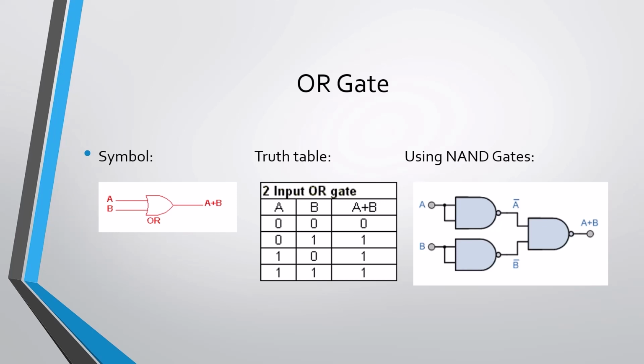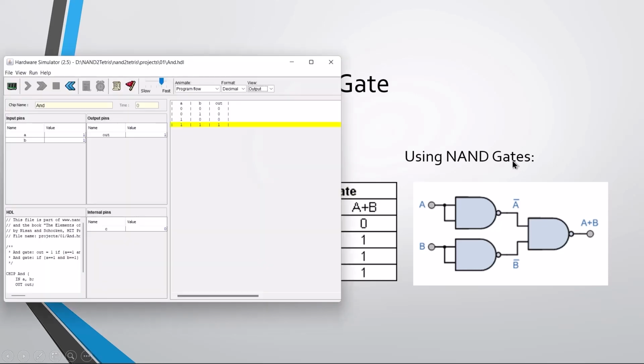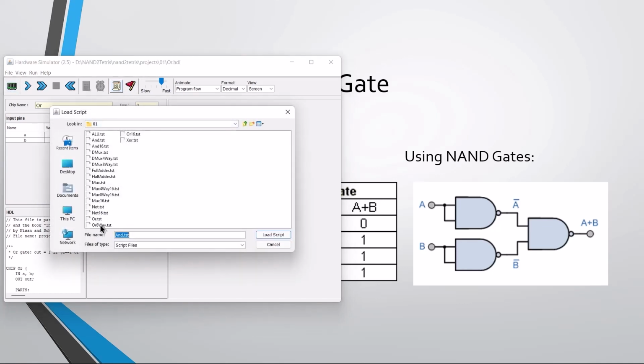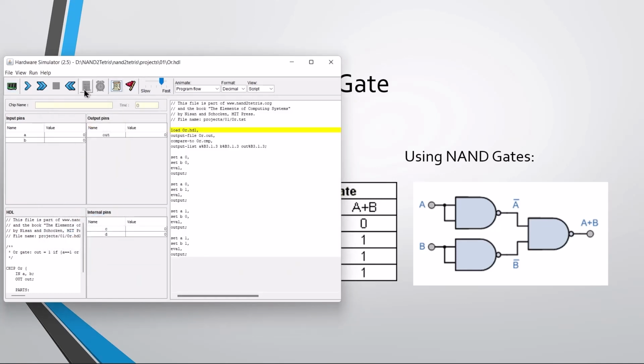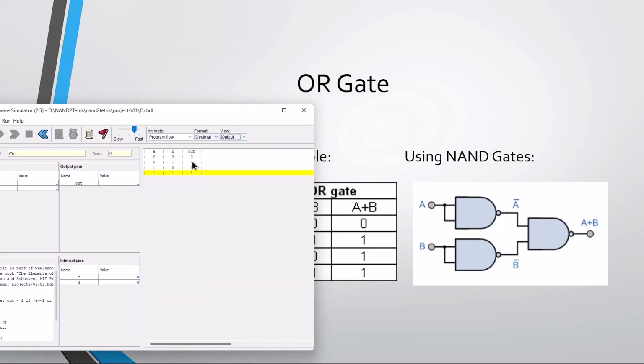The symbol, table and representation using NAND gates. And this is its implementation in the simulator. And as we can see, the outputs are 0, 1, 1, 1.